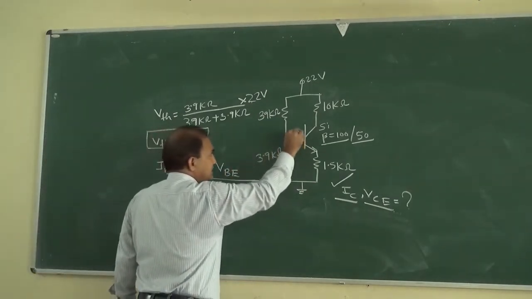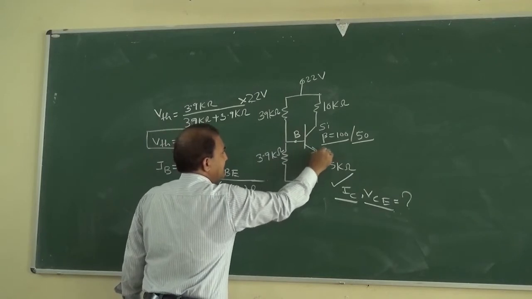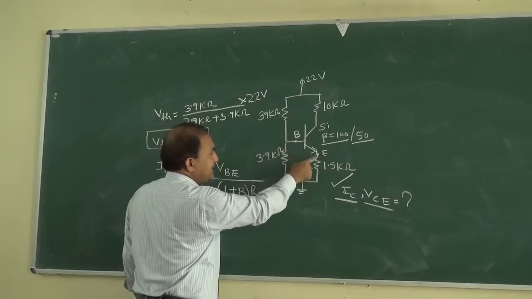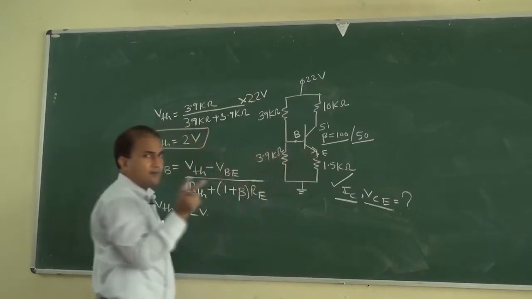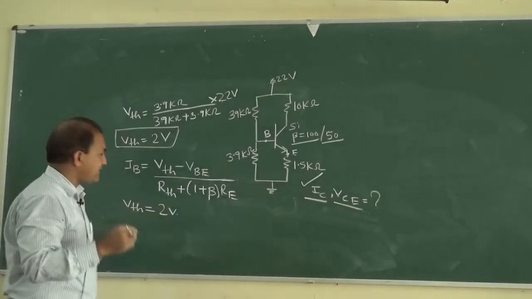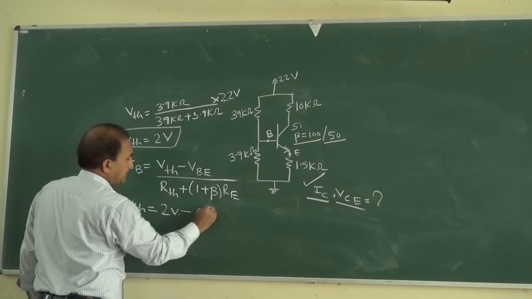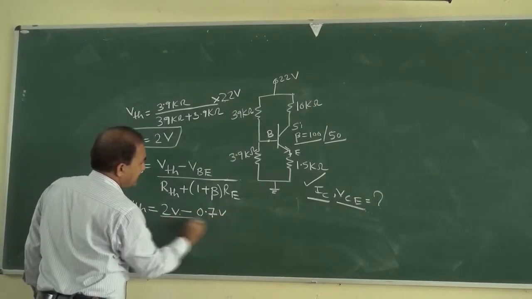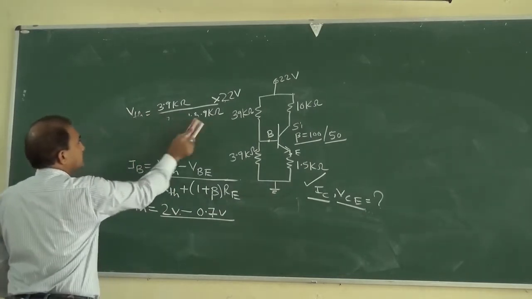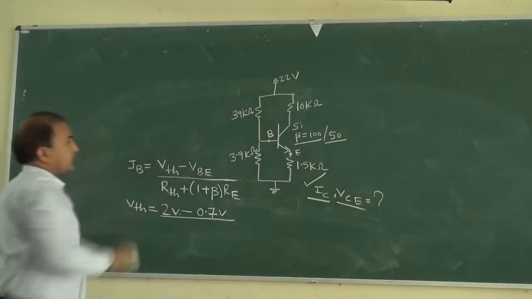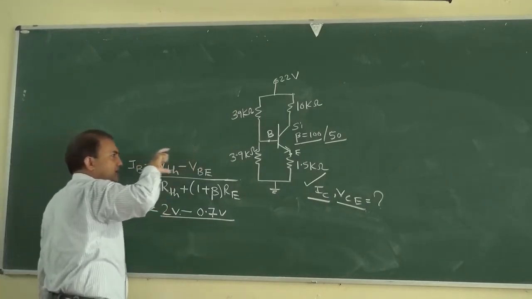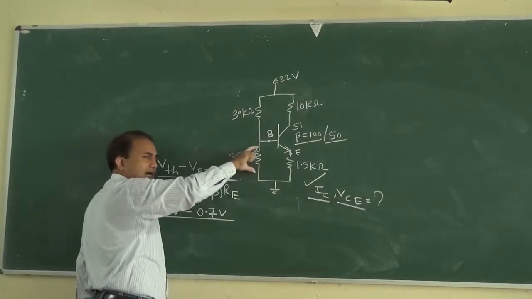And VBE: this is the base terminal and this is the emitter terminal. In active mode, when this base-emitter junction is in forward bias condition, then VBE is equal to 0.7 volt, divided by RTH. How can we determine RTH? RTH is the Thevenin's resistance that we are seeing across this resistor R2.